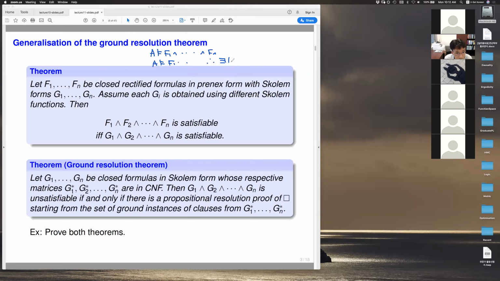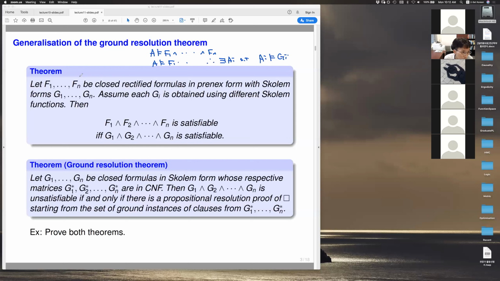So what we know is that there exists Ai such that Ai satisfies Gi. But the issue is that for each of G1 up to Gn, these Ai may be different. If we just use Skolemization as stated, we can't put these Ai together to obtain something that satisfies all of G1 up to Gn. Individually, Skolemization gives a model that satisfies G1, potentially another model satisfies G2, yet another model satisfies Gn, but we can't put them together.